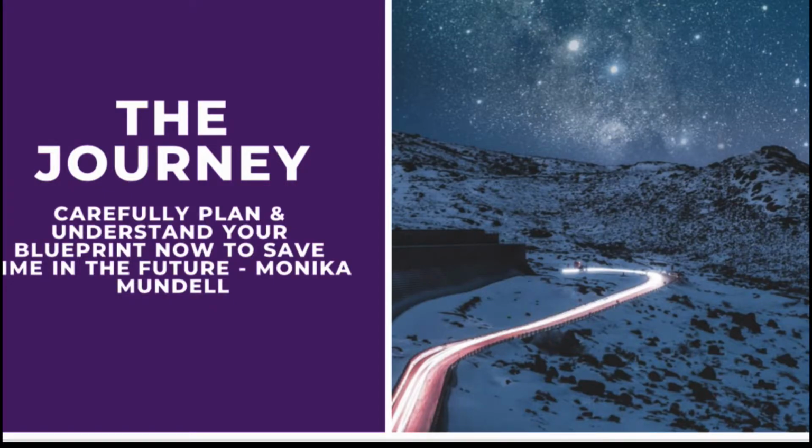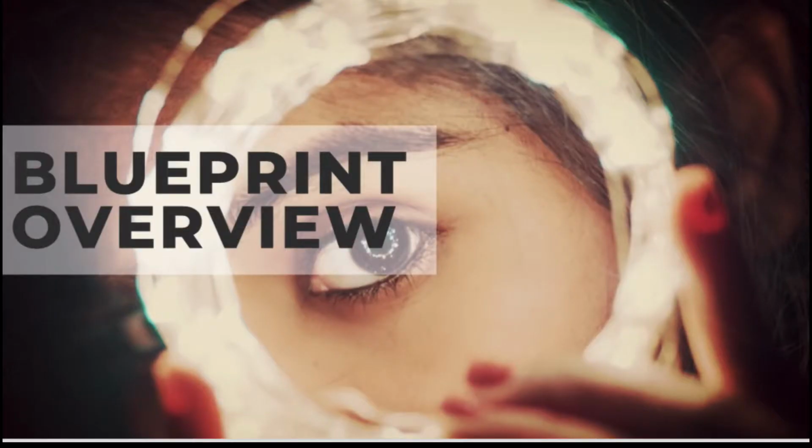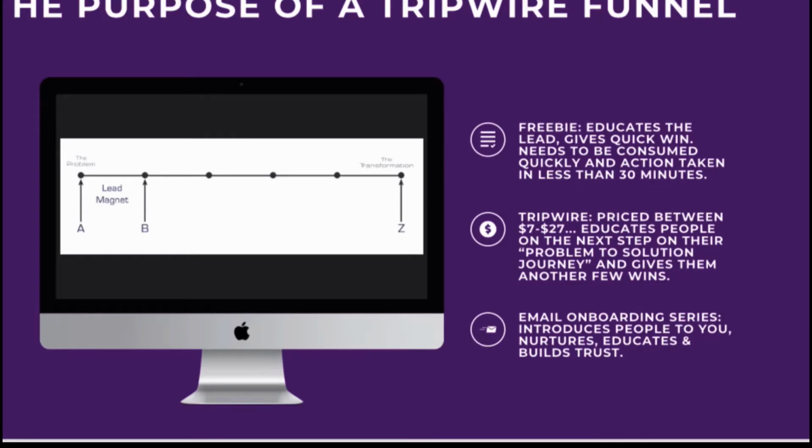Okay, the most important part today is to carefully plan and understand your blueprint now, so you save time in the future. So I want you to get really, really clear about how you're gonna get people from a freebie to the tripwire. So what you're actually gonna give them.